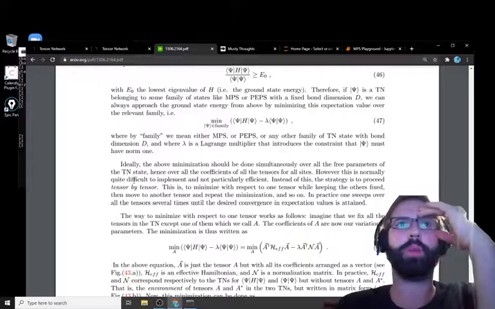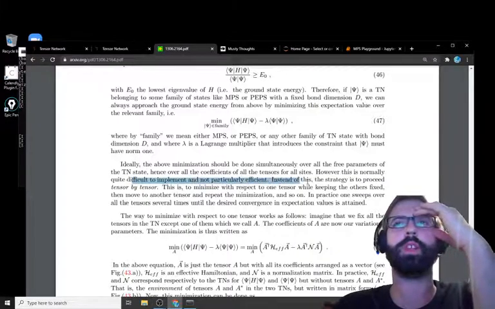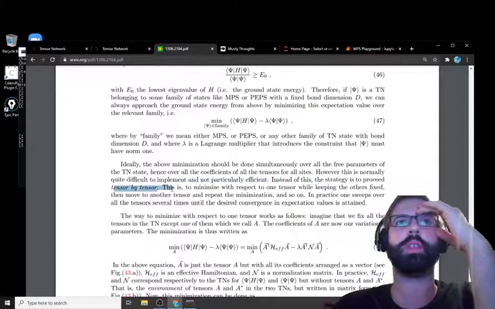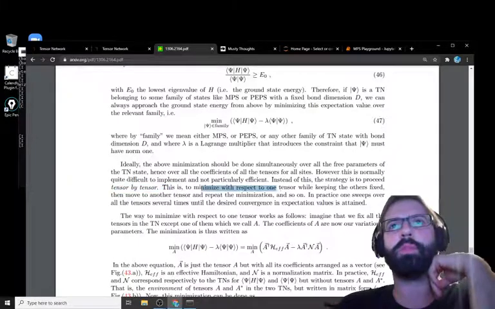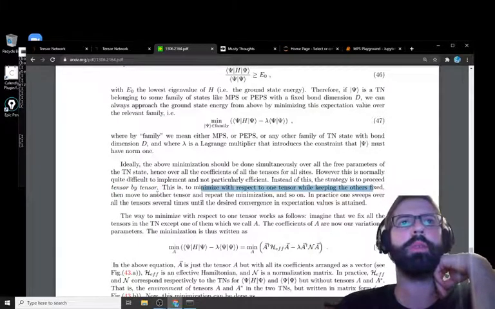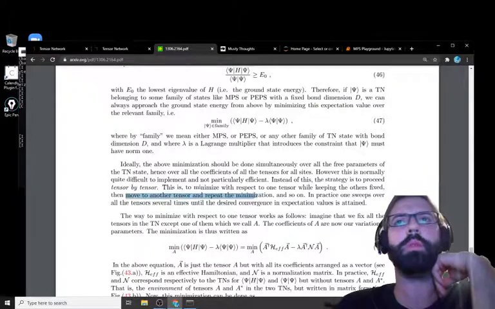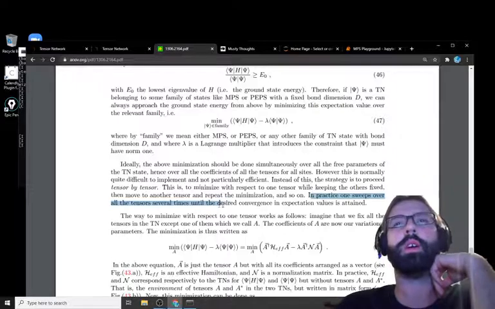However, this is normally quite difficult to implement and not particularly efficient. Instead, the idea is to proceed tensor by tensor. This is to minimize with respect to one tensor while keeping the others fixed, then move to another tensor and repeat the minimization, and so on. In practice, one sweeps over all the tensors several times until the desired convergence in expectation values is attained.